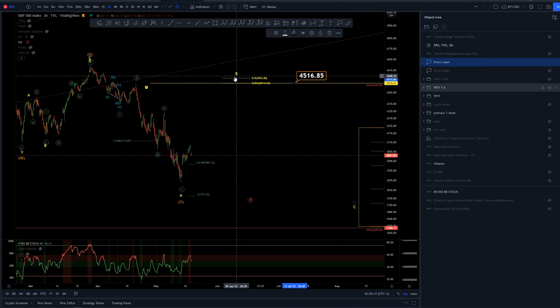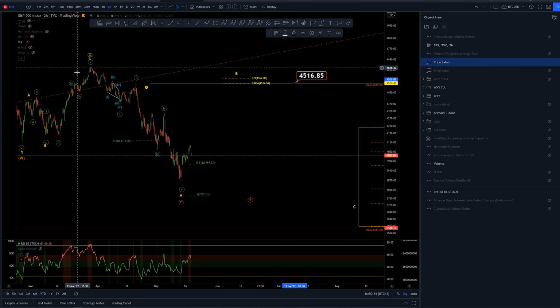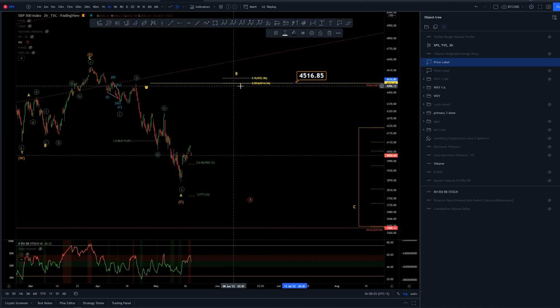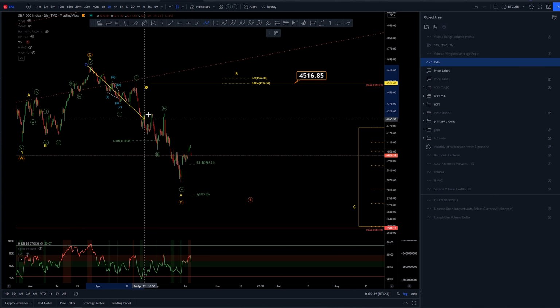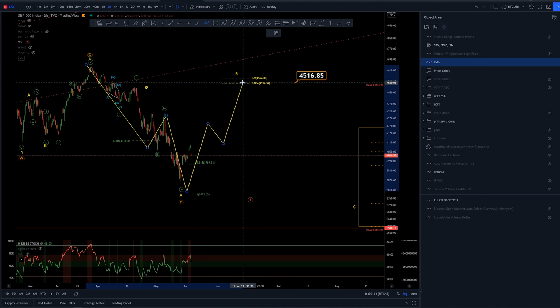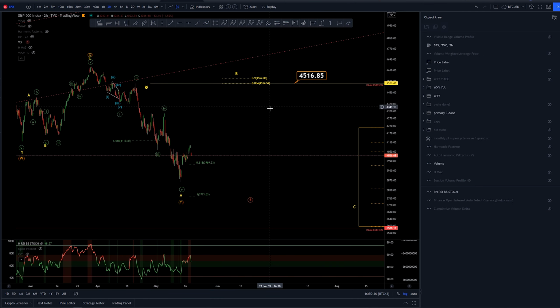At this point, the current structure of being 5 waves would turn into something else, as a zigzag cannot get up this high, and if the price gets up here, then it would be more like a flat structure, and we would be expecting 3 waves here somewhere, and then 3 waves here, and then 5 waves down here.